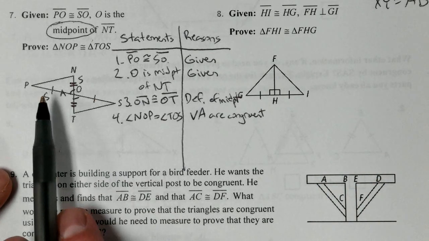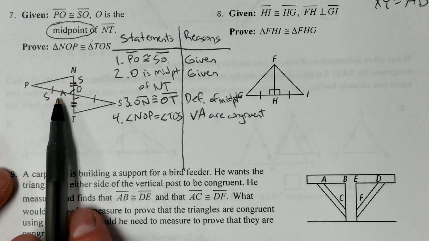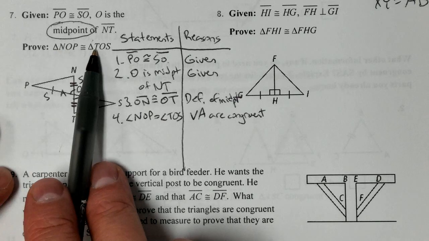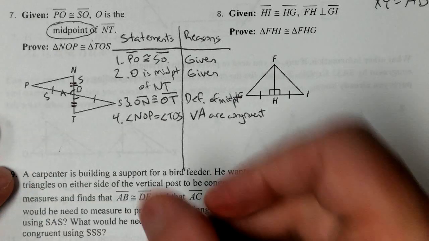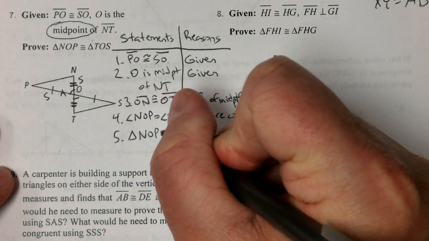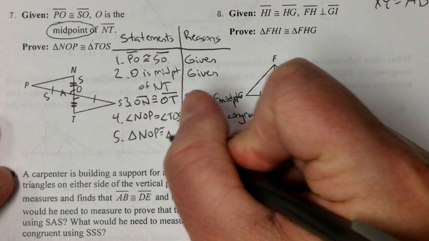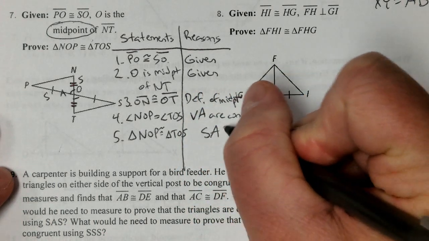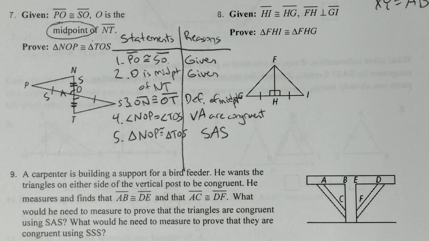So now that we have two things about sides and the middle angle, we can go ahead and say our proof statement. So triangle NOP congruent to triangle TOS because of SAS. Side angle side.